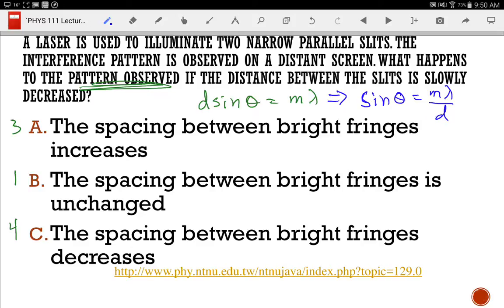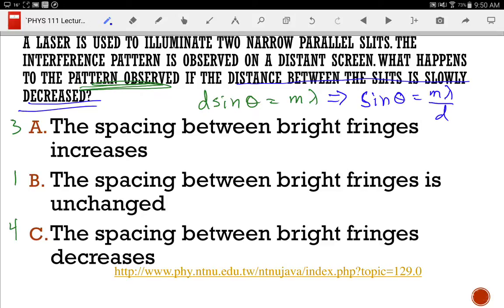Part of physics here is taking the words of a word problem and translating them into what it is really asking. And then we have to look at equations and say how the equations relate to this. So as d, the distance between the slits, gets smaller, what's going to happen to sine theta?